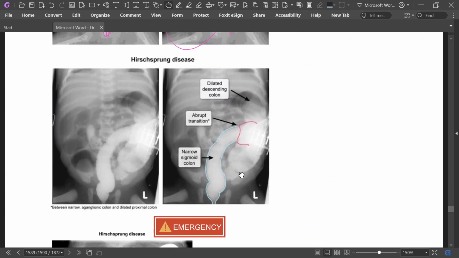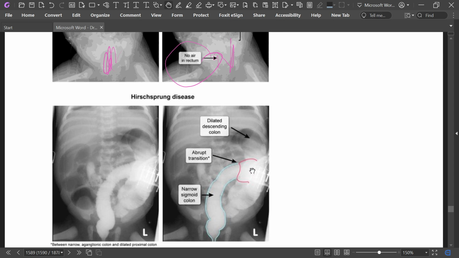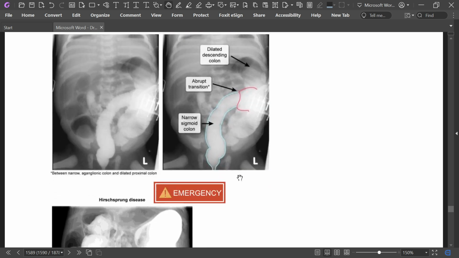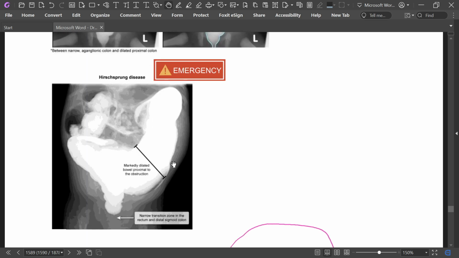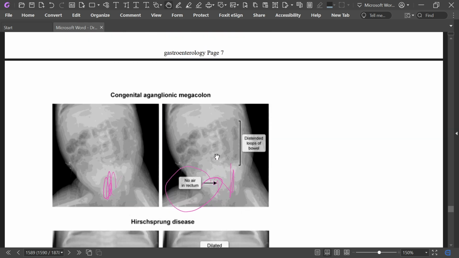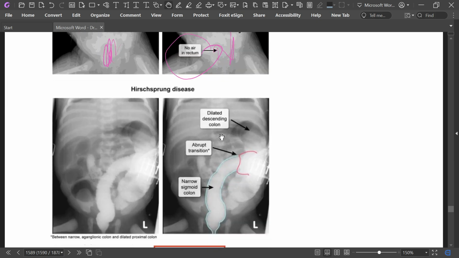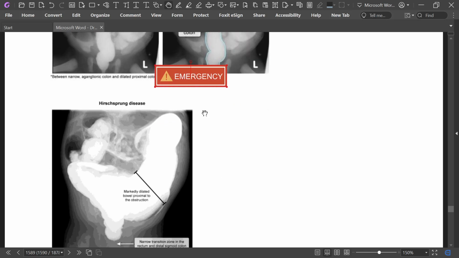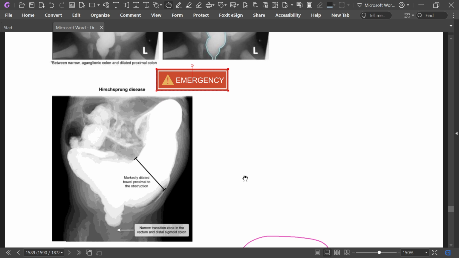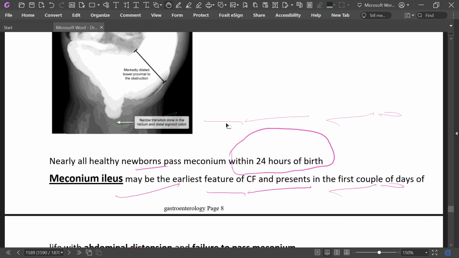In Hirschsprung disease, there is a narrow rectosigmoid junction, with marked dilation proximal to the obstruction.